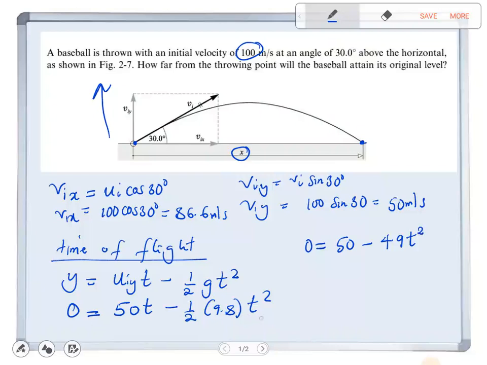Or if you want, you can factor it out, and you will still get t equal to 0 as one solution, but we cannot take t equal to 0. We're looking for a positive and a good answer.